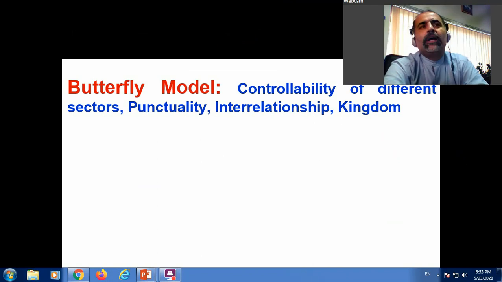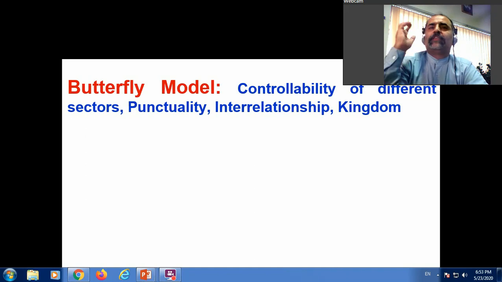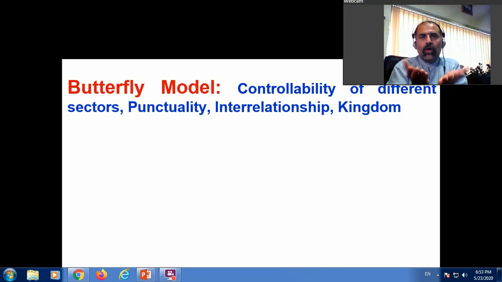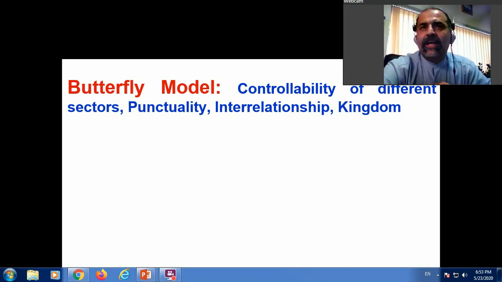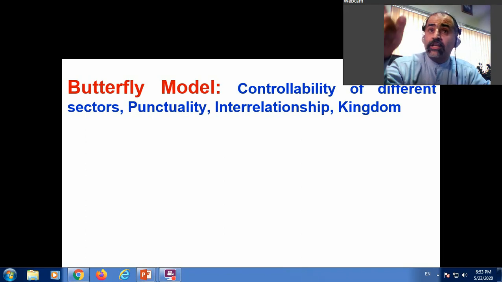The butterfly model emphasizes the controllability of different sectors. So we have to know to what extent our sectors can be controlled. Punctuality: there is discipline in the system. Interrelationships: we also have interrelationships among our different sectors in the ecosystem.